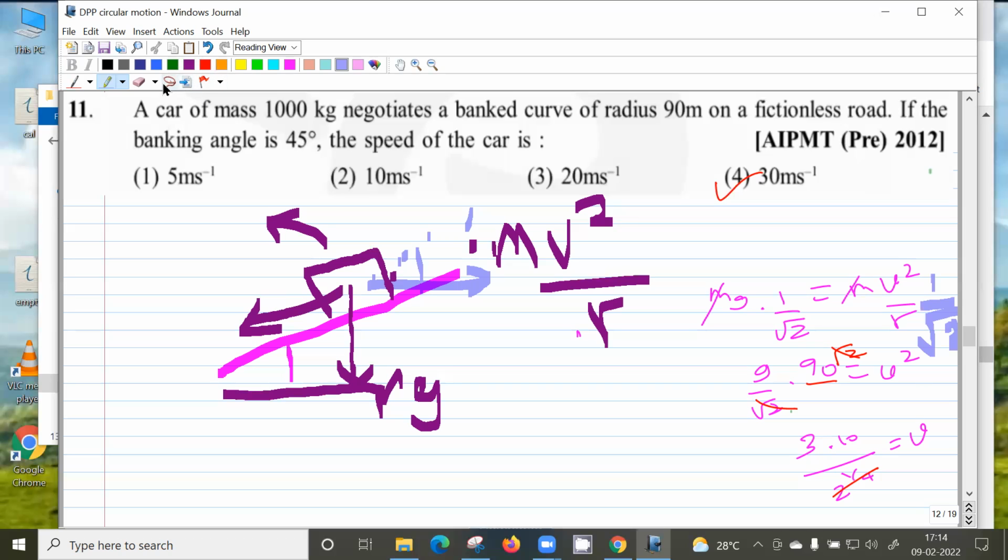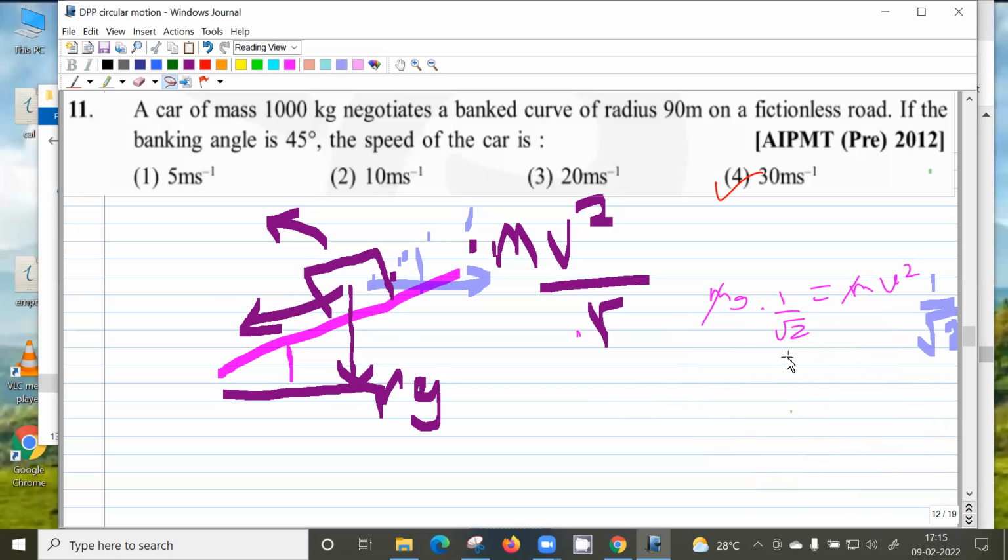Got it? Yes, sir. So basically the root 2 should go. But the sin theta value alone you tell me, sir. See, mg is downwards, right? So the one along the plane will be mg by root 2.